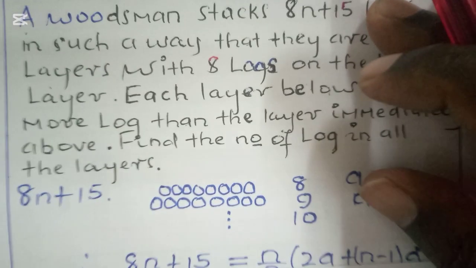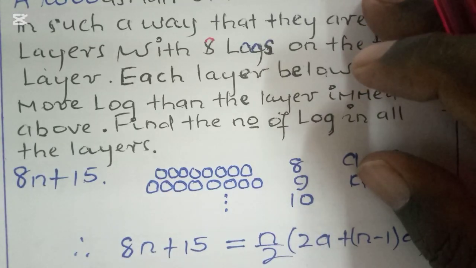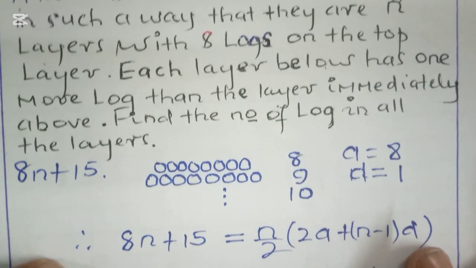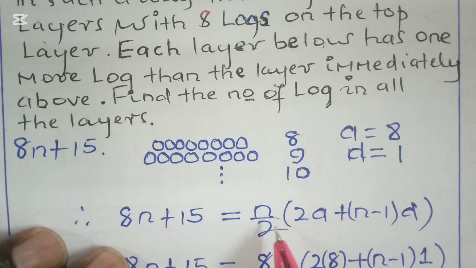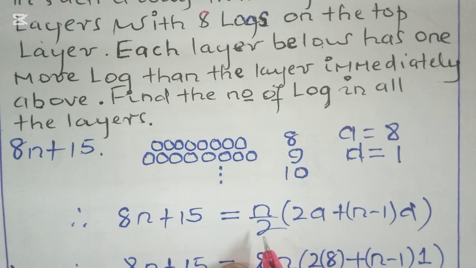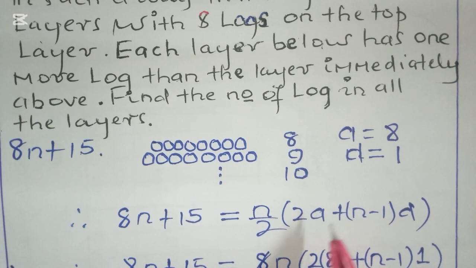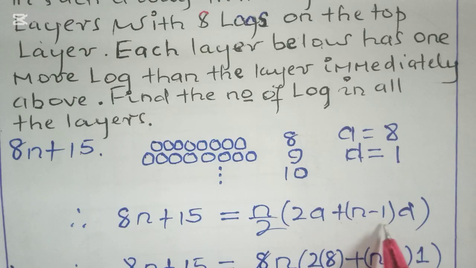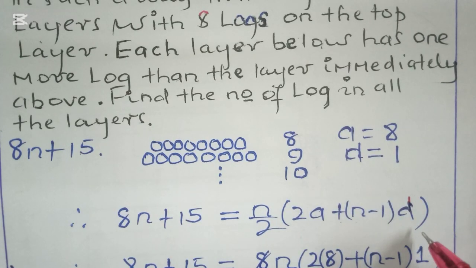After that, guys, we come now to the calculations, whereby we equate the total number of logs, which is 8n plus 15, to the equation that we normally use for the sum of n terms, which is n over 2, bracket, 2a plus n minus 1 times d, then you put a bracket there.